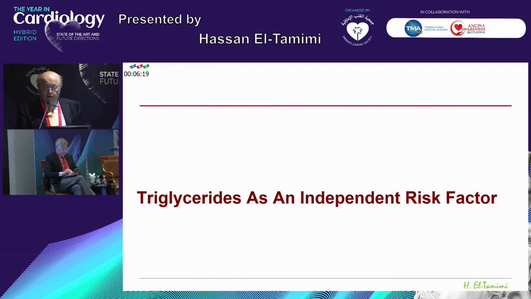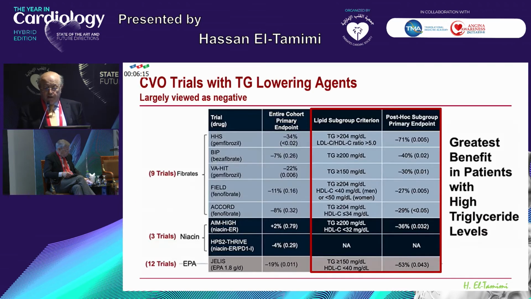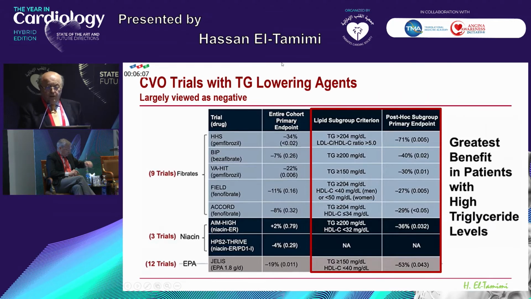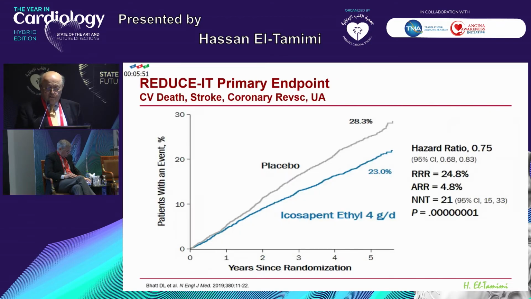I think triglycerides have been ignored for a long time as a major independent risk factor. These are the original trials done on triglycerides, which didn't show any benefit. But if you look at the sub-patient population analysis, if you take those who have high triglycerides, there is some benefit. Still, in some of the guidelines, it didn't even make it that you need to try and treat triglycerides.